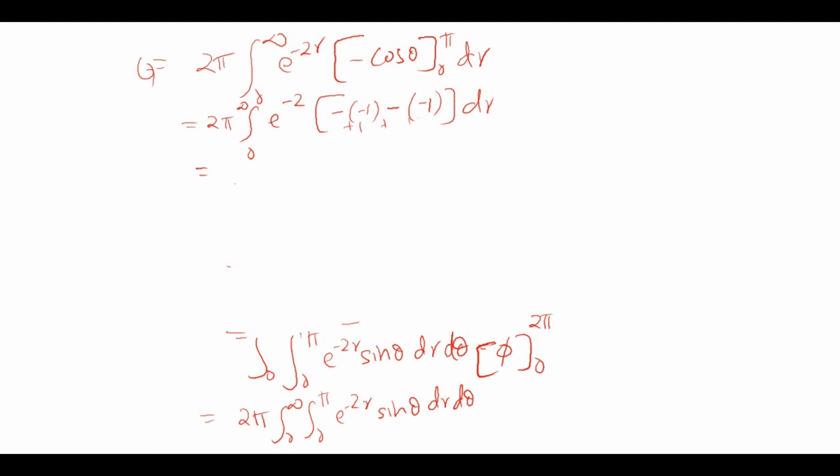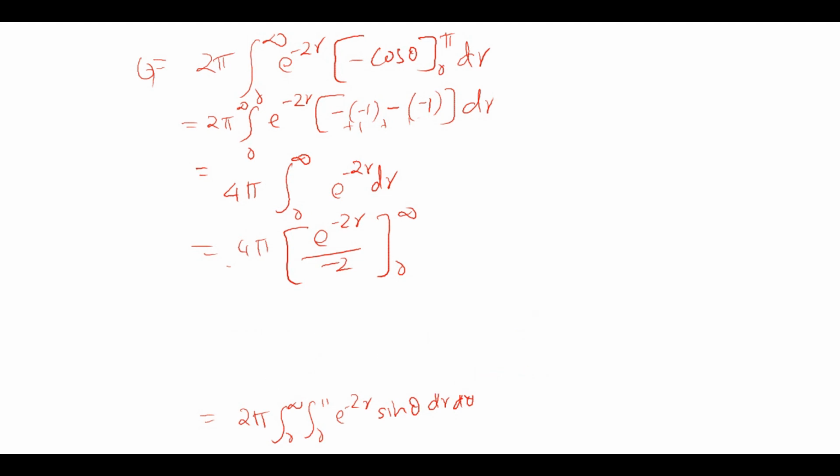So it is 4 pi, 0 to infinity, e raised to minus 2r dr. Again the leftover integral is e raised to minus 2r, which will be e raised to minus 2r divided by minus 2 with the limits 0 to infinity. If you substitute r equal to infinity, upper limit, e raised to minus infinity, we know that e raised to minus infinity is 0. So this is a very important parameter we have to always consider.